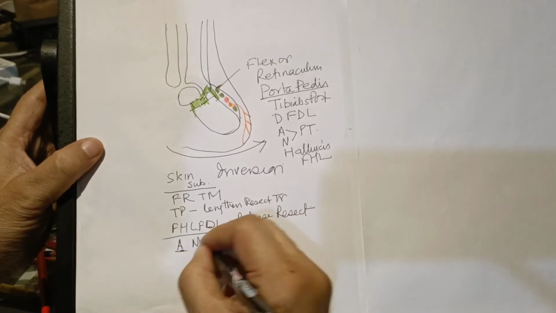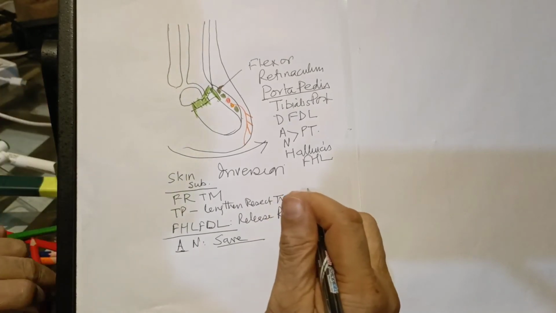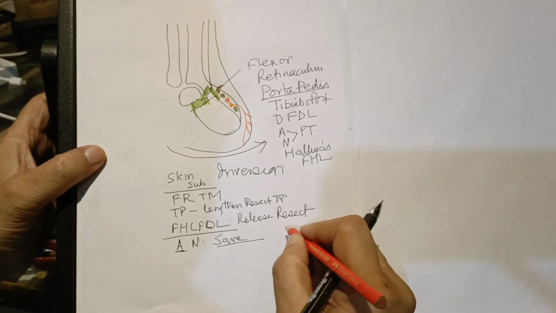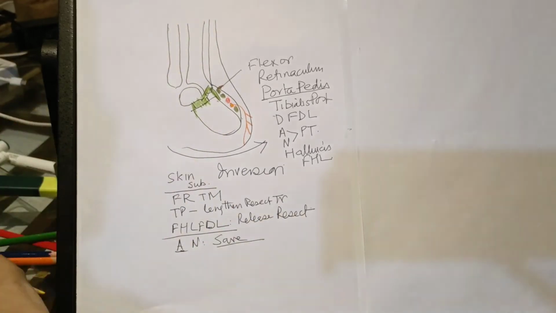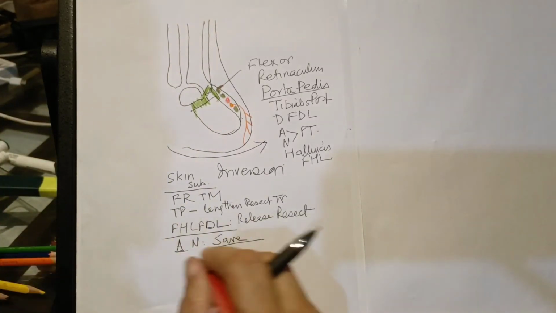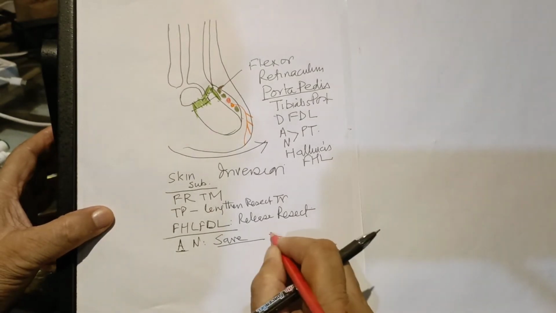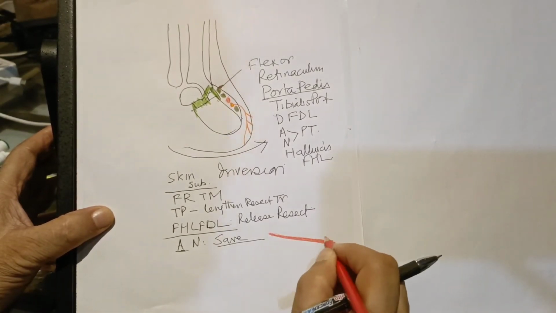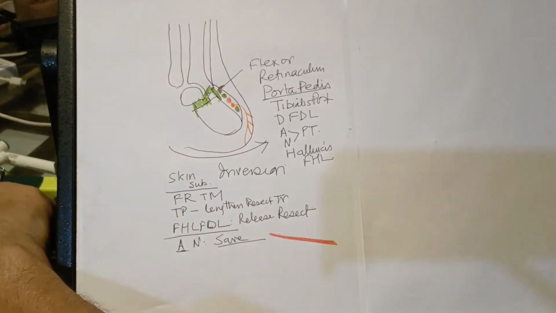About saving the artery, they ask you that the artery is not pulsating because you are doing the operation under tourniquet. So, if this is the artery, it's not pulsating, how would you recognize it?